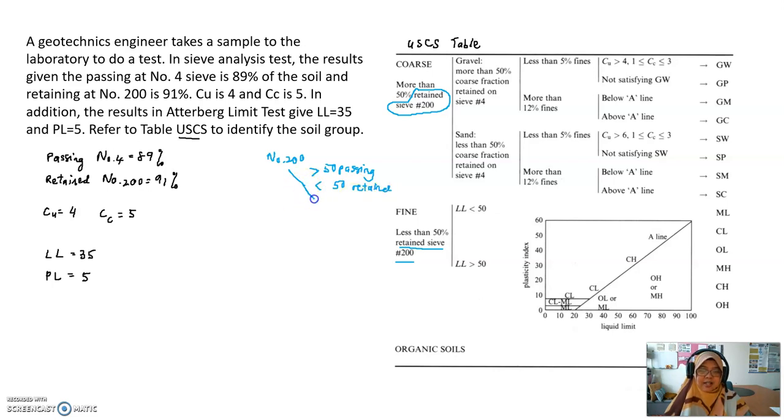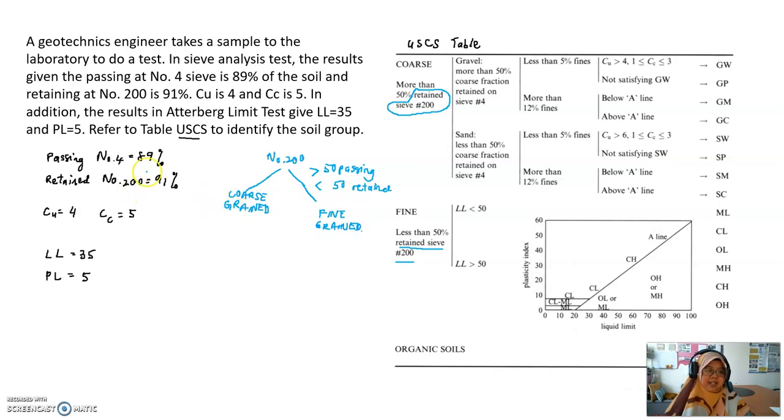If it is less than 50% retained or more than 50% passing, it is a fine grain soil. Whereas if more than 50% is retained, the vice versa, it will be a coarse grain soil.